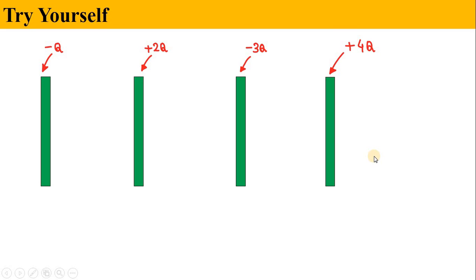And after you resume the video, the answer should be this. These are the charges that must appear on the 8 surfaces. Also notice that the surfaces which face each other must have equal and opposite charges.